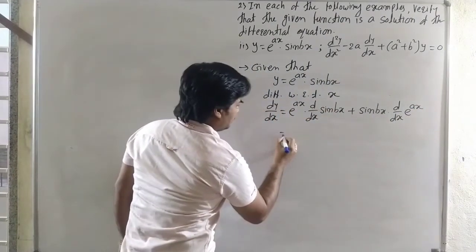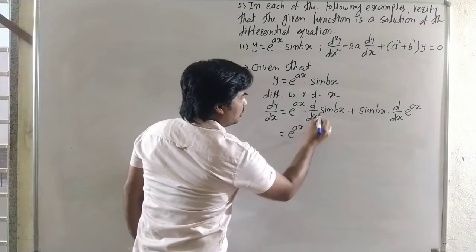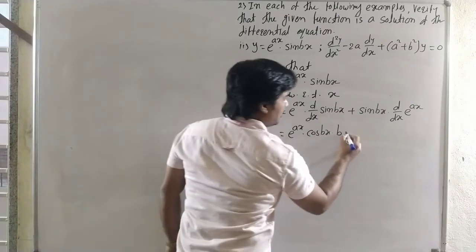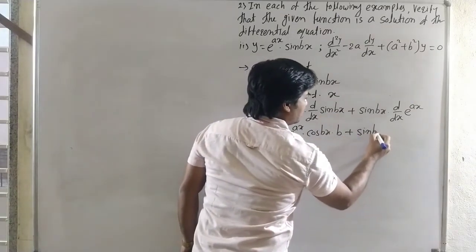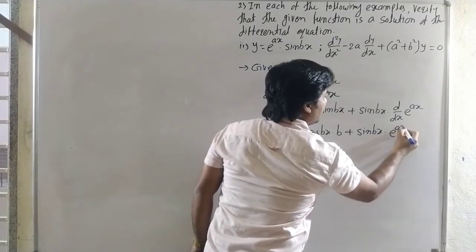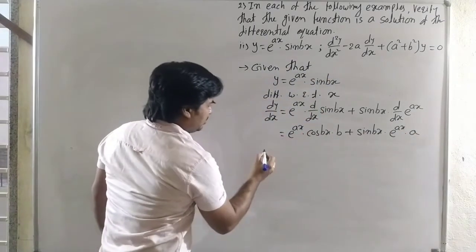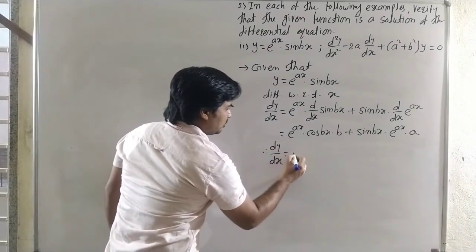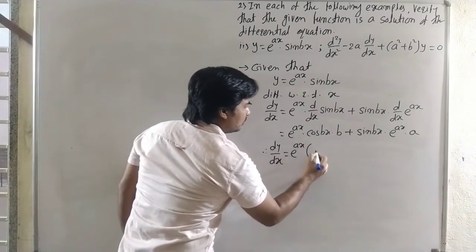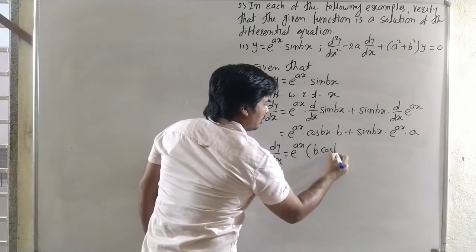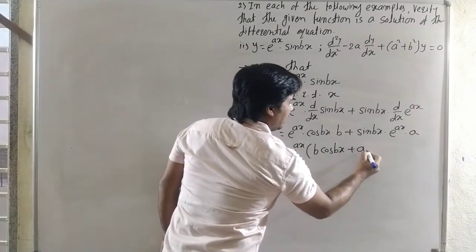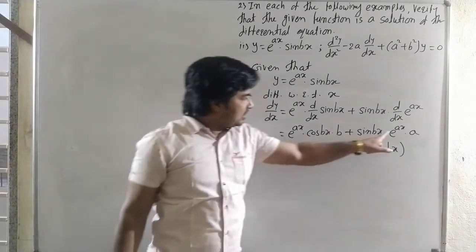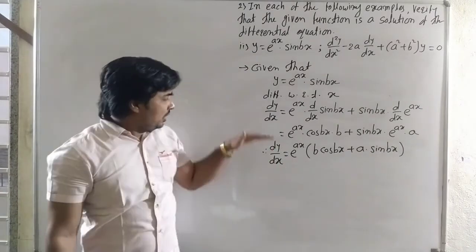Now e raised to ax into derivative of sin bx, it is cos bx into b, plus sin bx as it is into derivative of e raised to ax, that is e raised to ax into a. Now we take e raised to ax common, therefore we get dy by dx is equal to e raised to ax into b cos bx plus a sin bx. Here when we take e raised to ax common, it is a first order derivative.